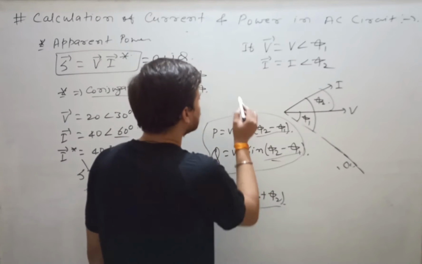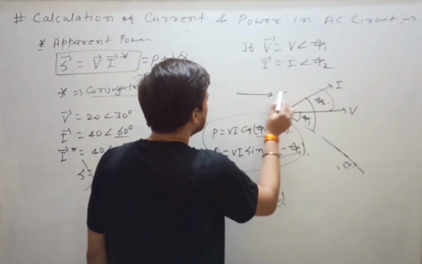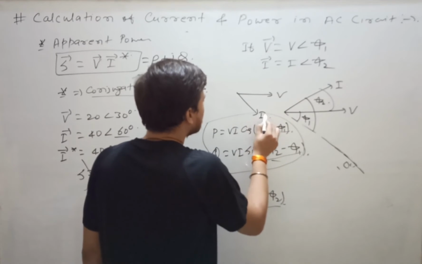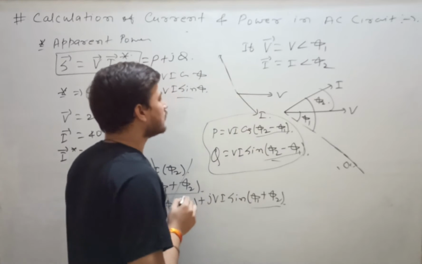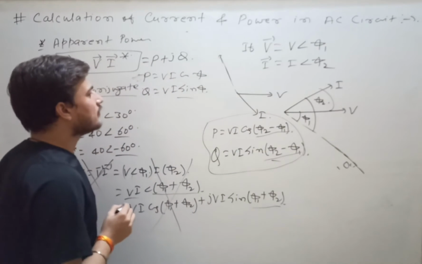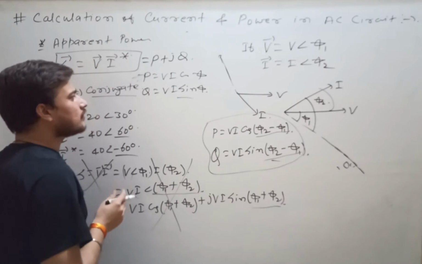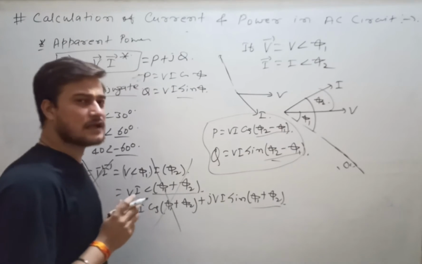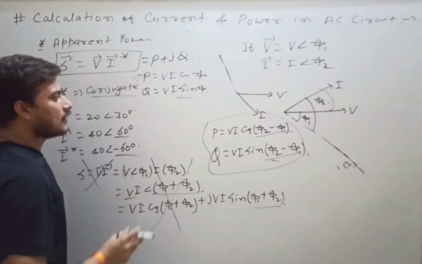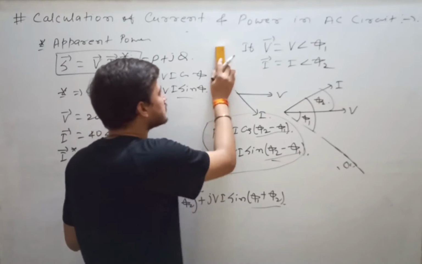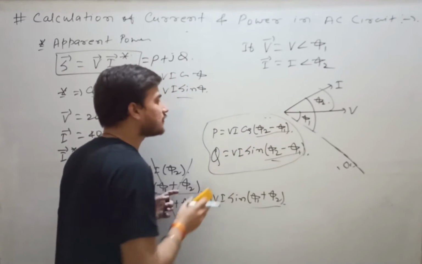Taking the conjugate means, suppose this is V, this is your I, then I will be reversed like this. So now when you add the phase angles of voltage and current, it is automatically subtracted, and here also subtraction is needed because the phase difference is needed.